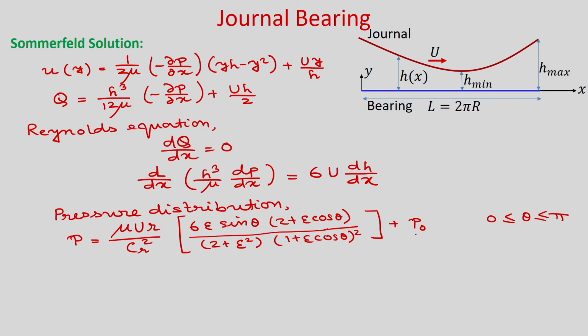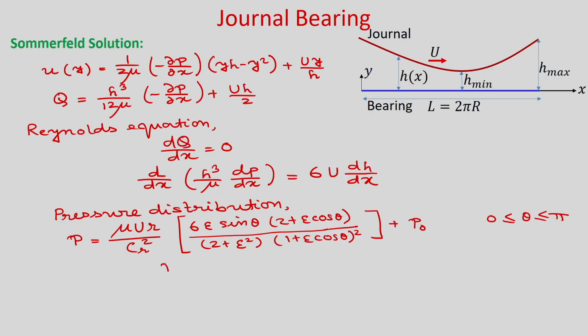Okay. So, what is this P naught? When the shaft rotates inside this bearing, there may be some portion where pressure will be very low, and that is known as cavitation pressure. This P naught is known as the cavitation pressure.